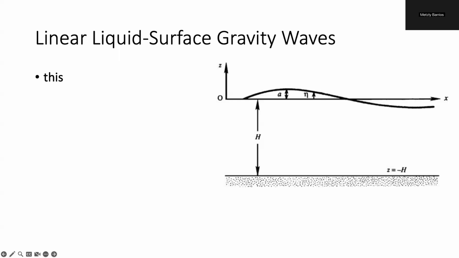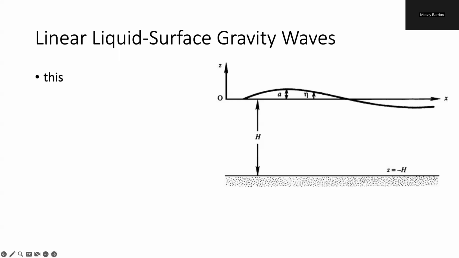Now we have two boundary conditions, and they're fairly straightforward. At the very bottom, where z equals minus h, the boundary condition is w equals 0.